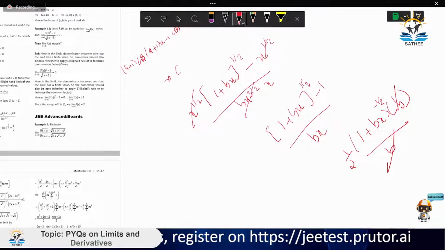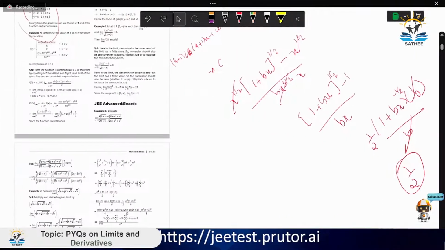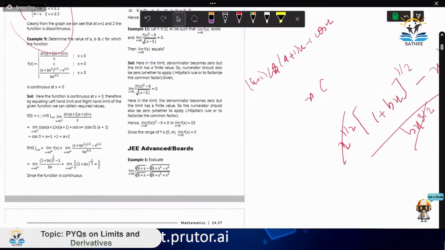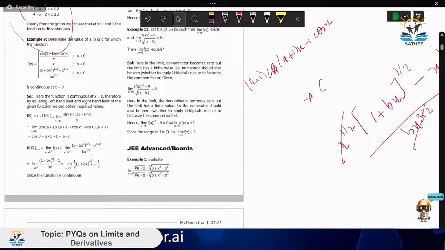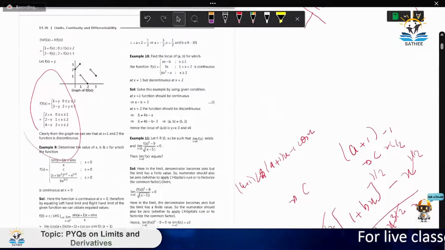So this and this gets cancelled. And for x is equal to 0, I'm left with half. So c becomes half. C value is half. And that is equals to a plus 1 minus 1 should be equals to c, and that is equals to half. So a is also half. So c and a is equals to half.